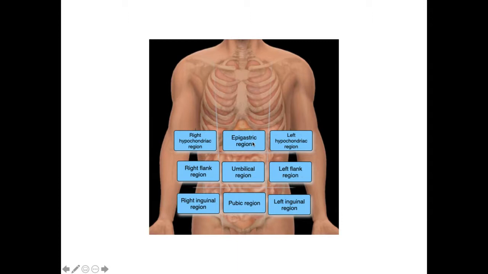So on the Connect portion, I've seen this pop up before, where again, it's click and drag the proper term with the region. You can always start with the belly button, pop the umbilical region there. Then you got the pubic region down below. Then there's the left groin and right groin. So left inguinal, right inguinal, left flank, left hypochondriac, right hypochondriac.